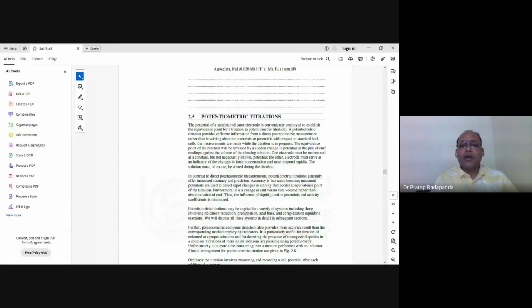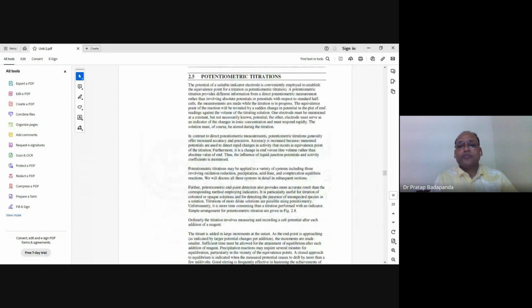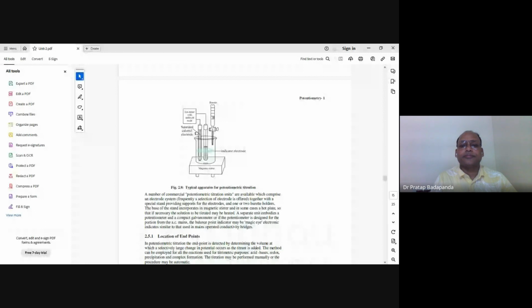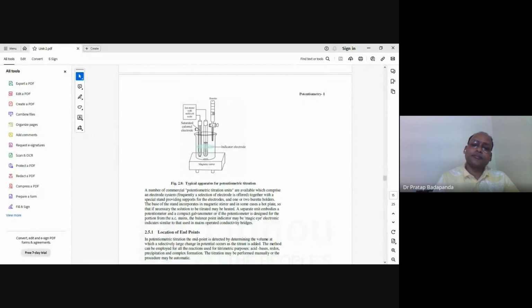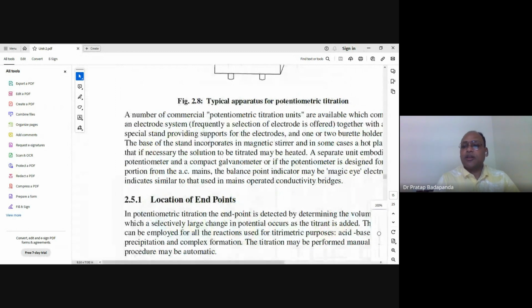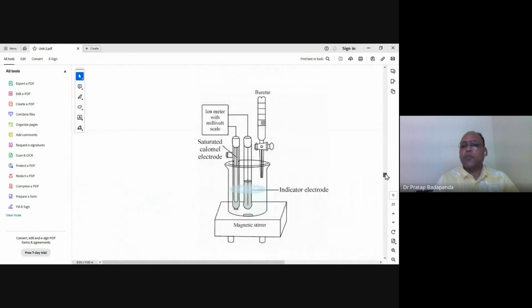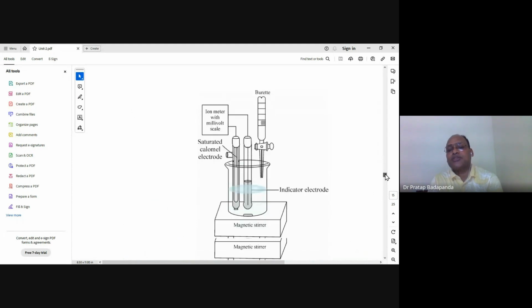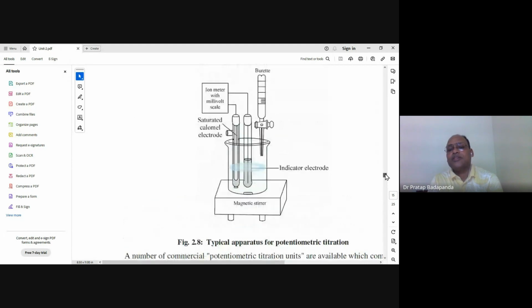Now I'll come down to the potentiometric titration. All of you should notice this equipment. This is the potentiometric titration apparatus.